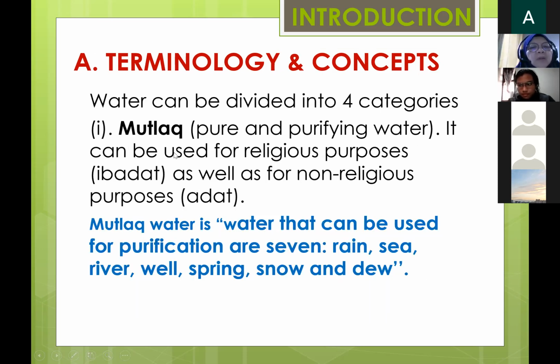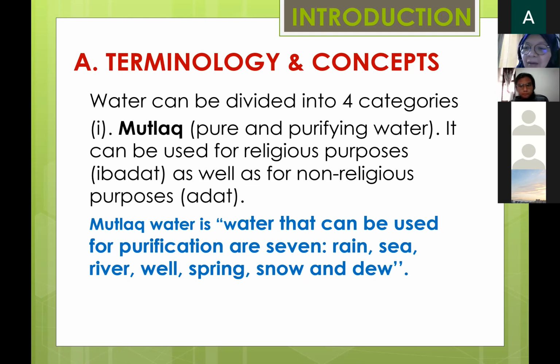The word mutlaq here means pure and purifying, which means that it's not only pure and clean, but it can be used for cleansing. When you want to clean something that is dirty, you use water. So the water to clean those dirty things must be clean water, and the water can cleanse.